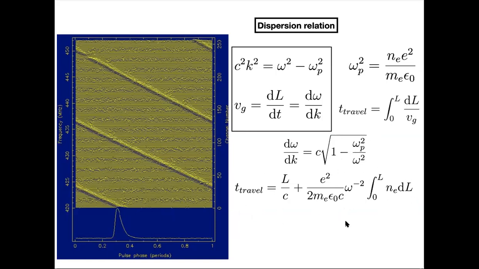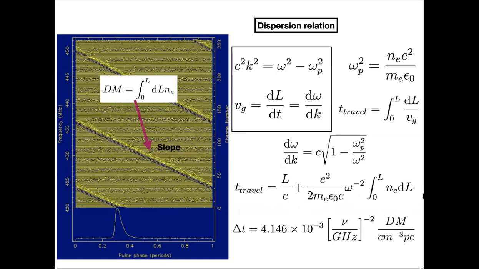And you see, here I get L by c, which is the travel time of the light if there was no medium in between, and you get an excess added by this. The excess depends on the frequency as inverse square. It also depends on the number density integrated over the line of sight, so it's kind of the column density of free electrons along that line.